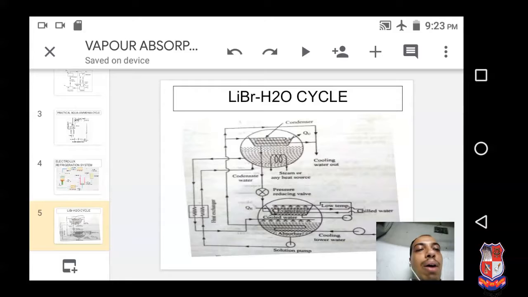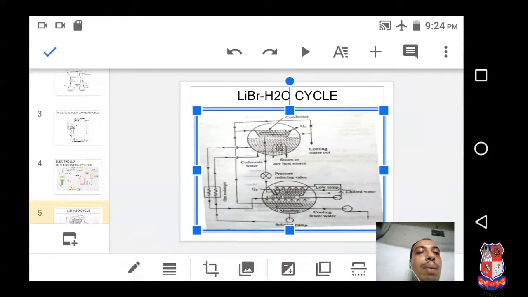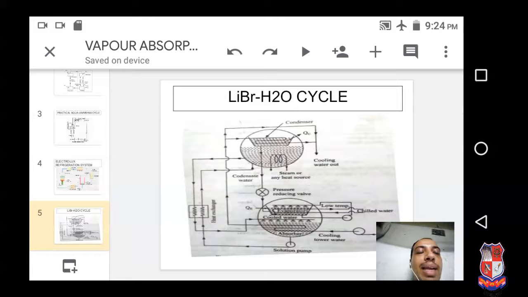The upper vessel has a higher pressure than atmospheric pressure, and the lower vessel has a lower pressure than atmospheric pressure. So one vessel is working above atmospheric pressure and the second is working below atmospheric pressure.